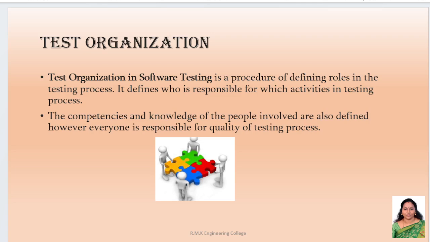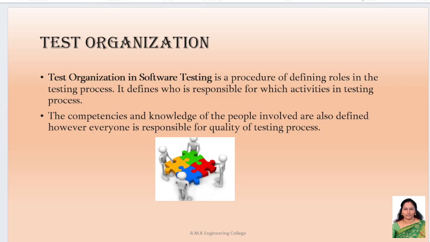It explains the test functions, facilities, and activities. Its main focus is defining that everyone is responsible for the quality of the testing process. So the main role is who is responsible for which activity. That is test organization.